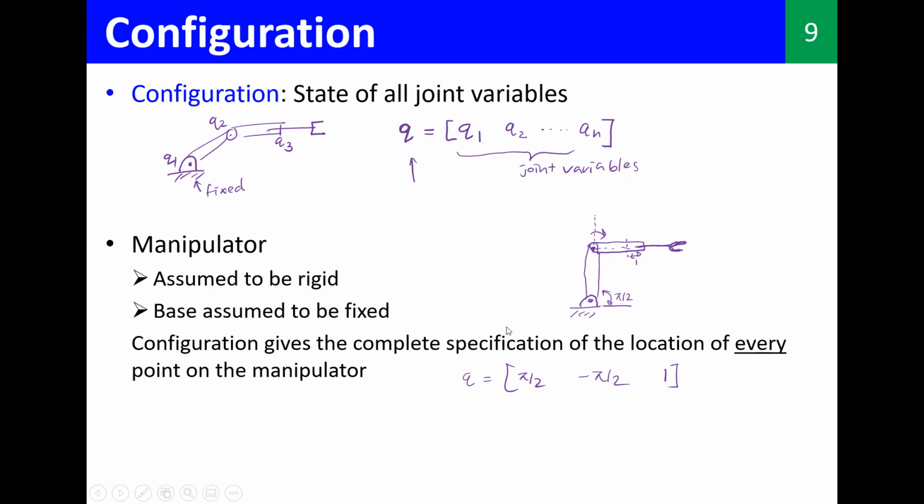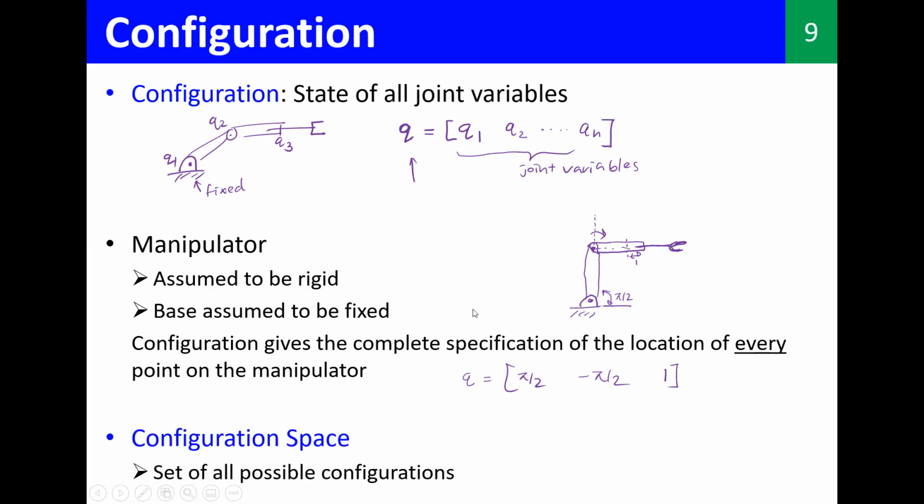And finally, we have something called configuration space. Configuration space is the set of all possible configurations. Since we have several joint variables, the joint variables can take many values, like a continuous random variable.